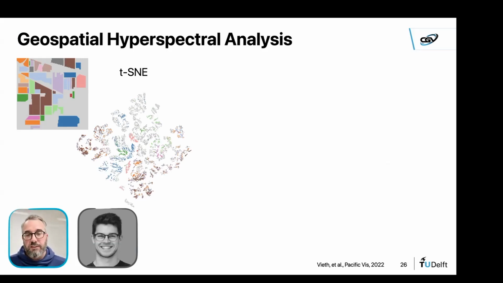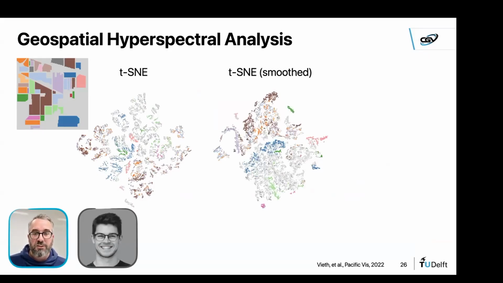Now, just to make sure that the method I just explained is not just smoothing the image, we also just smooth the image and compare this. So this is a Gaussian smoothed version of the image, run through a regular t-SNE again. Again, we see some of the clusters, like this green one over here, are quite nice, but others, like these blue ones over here, are again a bit more distributed.